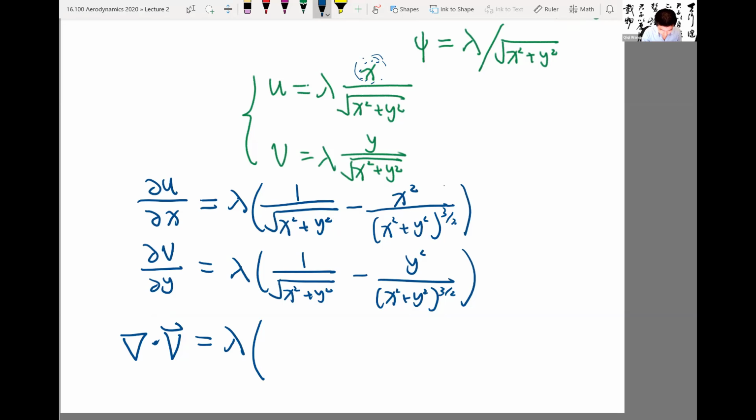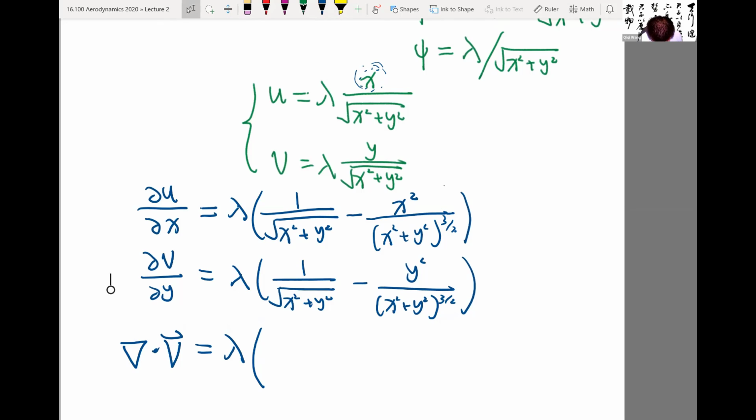It's going to be lambda times the sum of the first terms, which looks like it's going to be 2 over square root of x squared plus y squared.